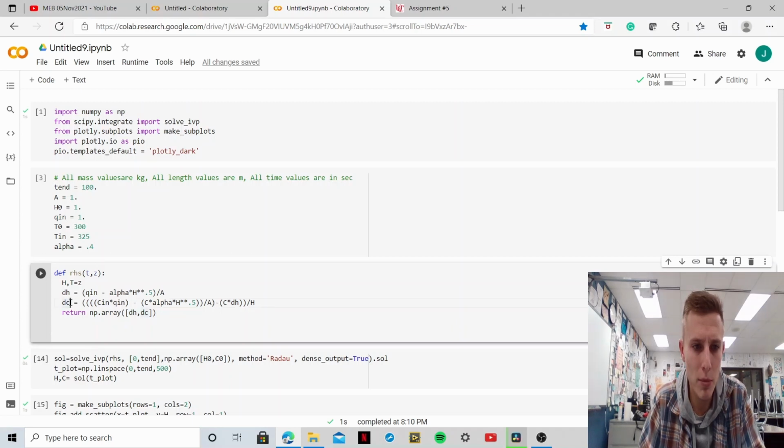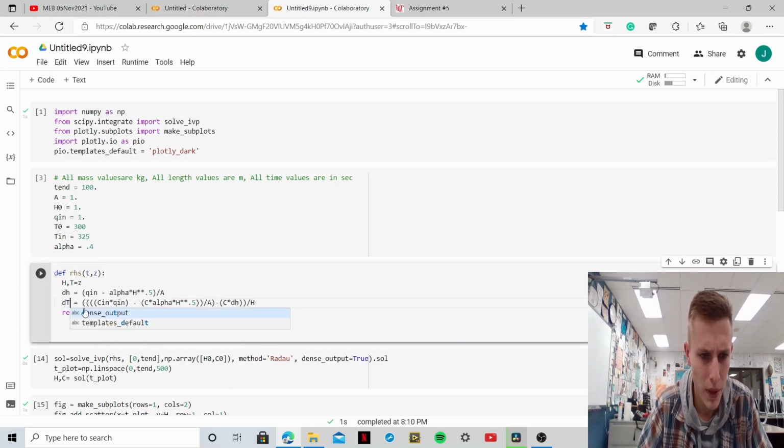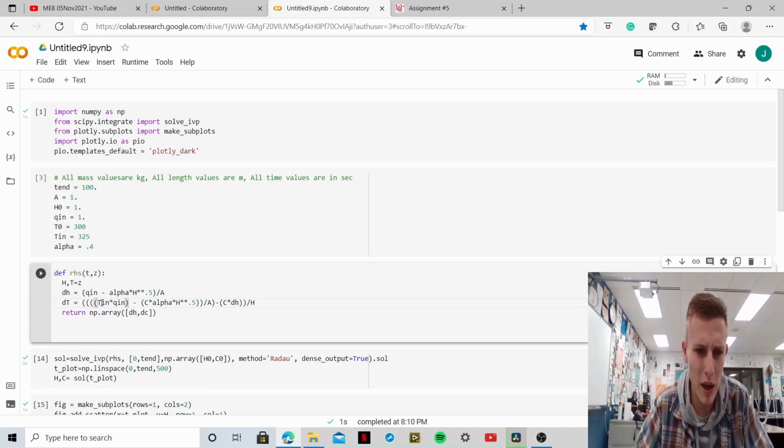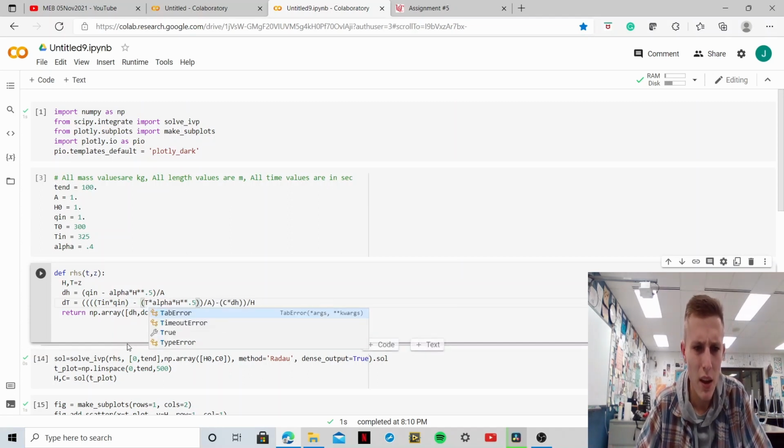And now our small change in temperature is equal to our temperature coming in times its flow rate coming in minus the temperature inside times our flow rate out, which is alpha, 0.4, times our height, like I said before, divided by our cross-sectional area, and all of that.